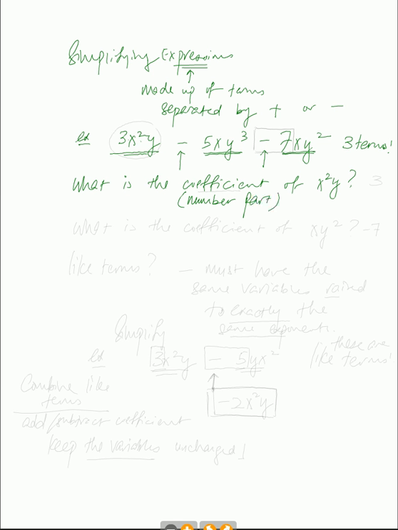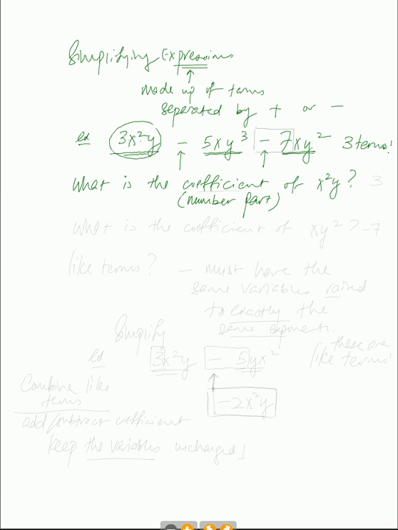One is the variable part, the one that carries the letters, and then you have the number portion. Since there's 3 terms, I have to tell you which term I'm looking at. So look for the one that has x squared and has y, so 2 x's and 1 y. If you look carefully, I'm referring to the very first term right here. Giving you the letters is just to pinpoint which term I'm looking at.